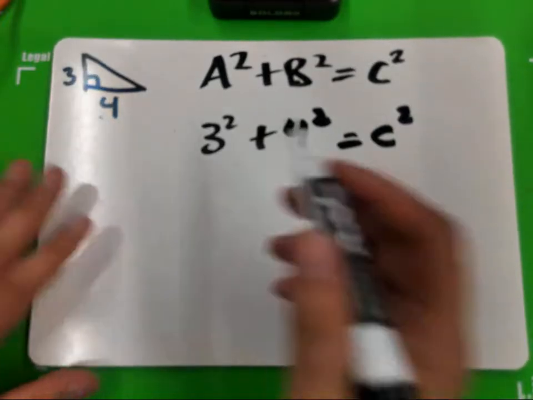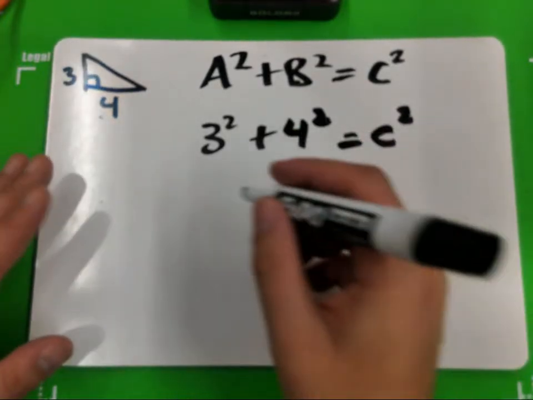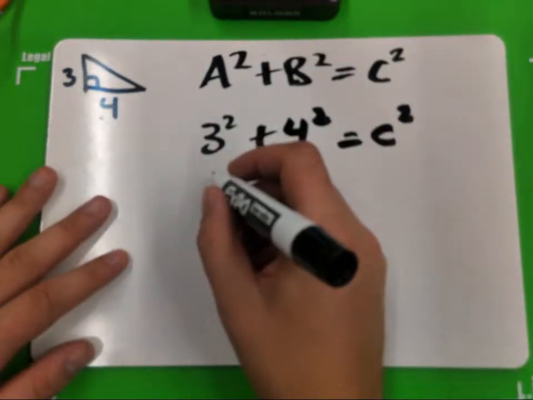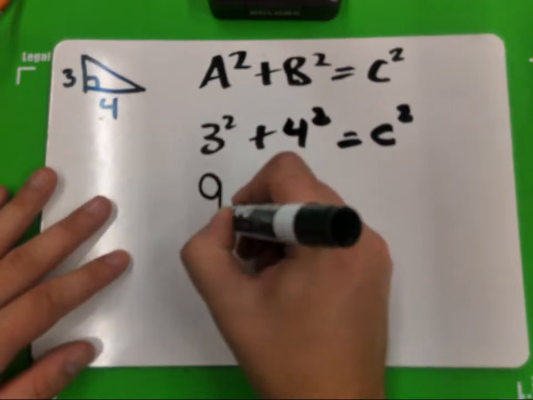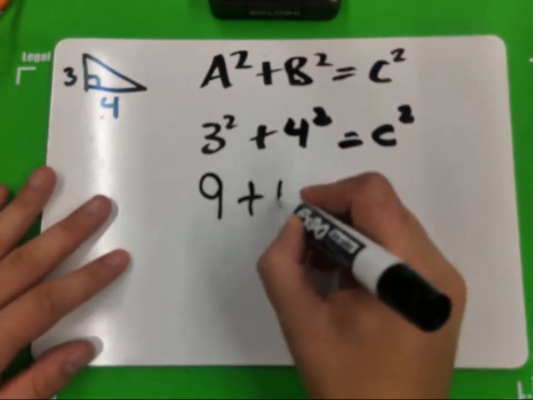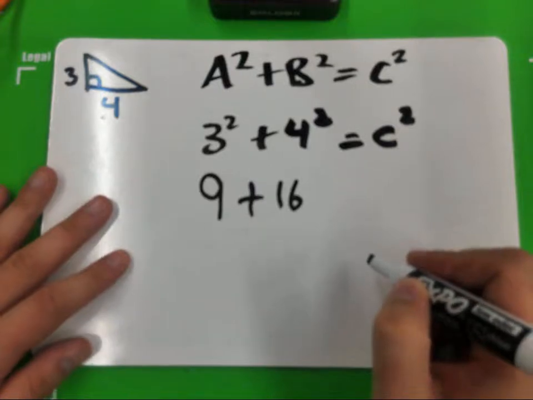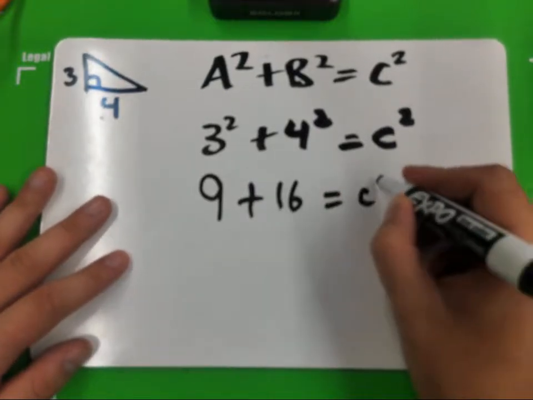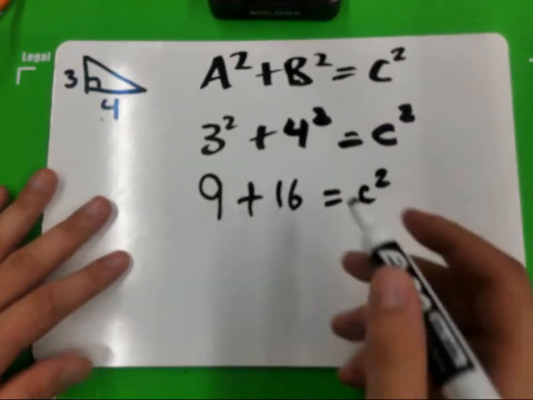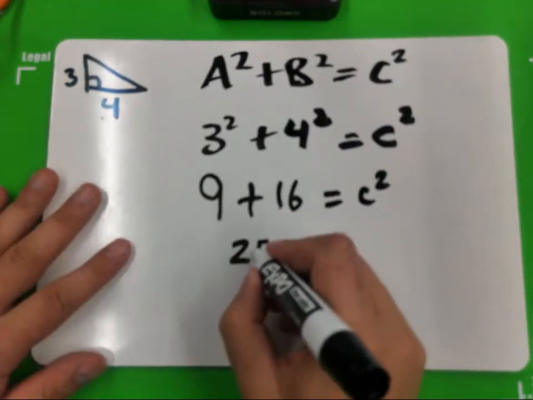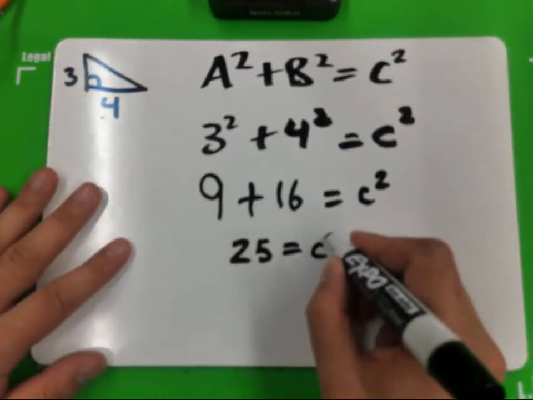We know through our practice with perfect squares that 3 squared is 9 plus 4 squared, which is 16, equals C squared. 9 plus 16 is 25, which equals C squared.